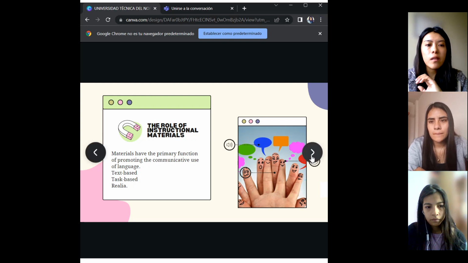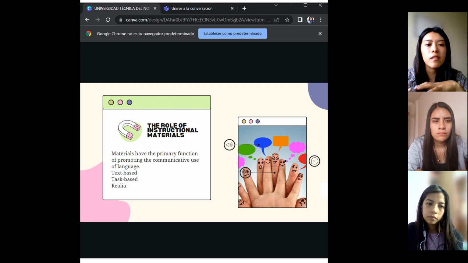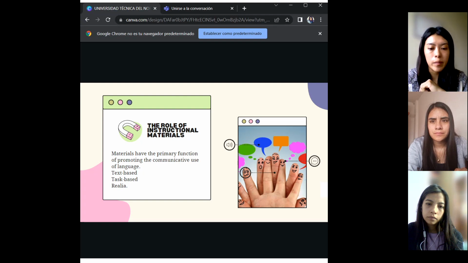And finally, realia: many proponents of CLT have advocated the use of authentic, from-life materials in class. This includes signs, advertisements, newspapers, pictures, and symbols.